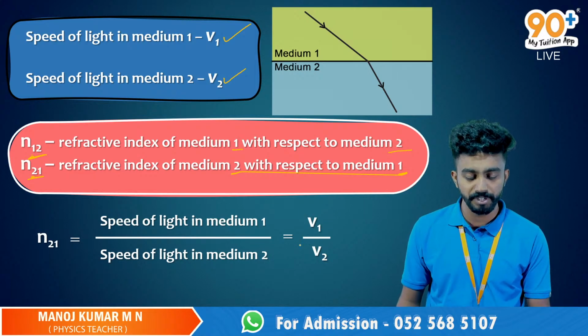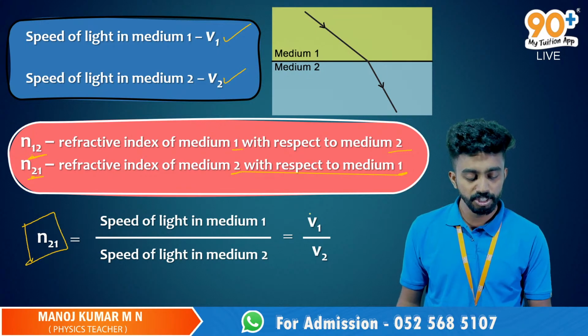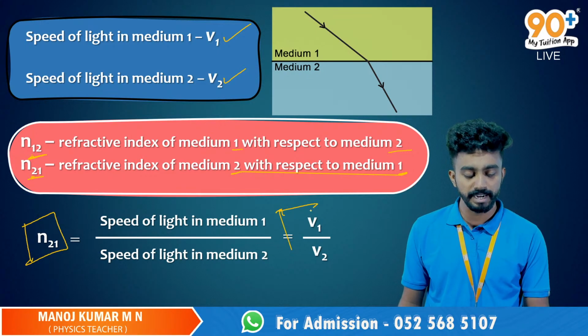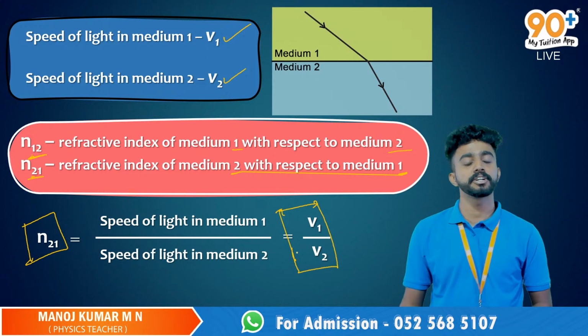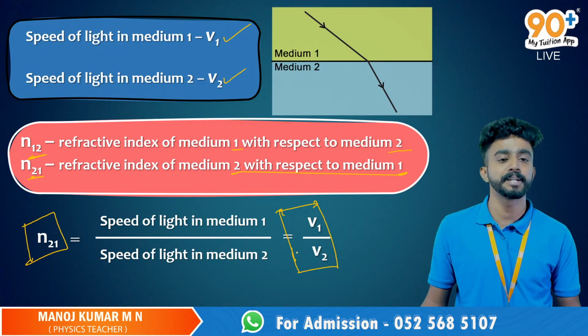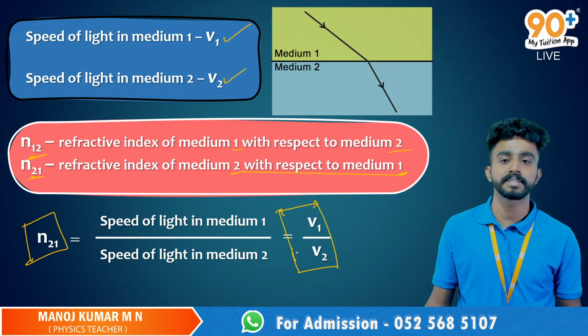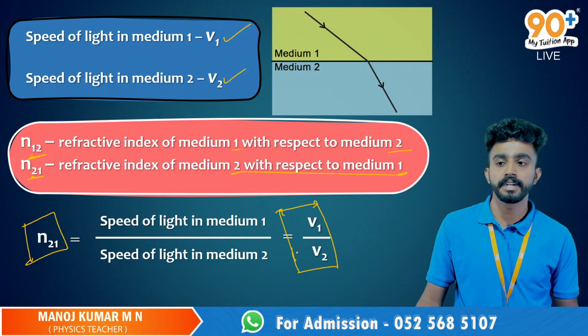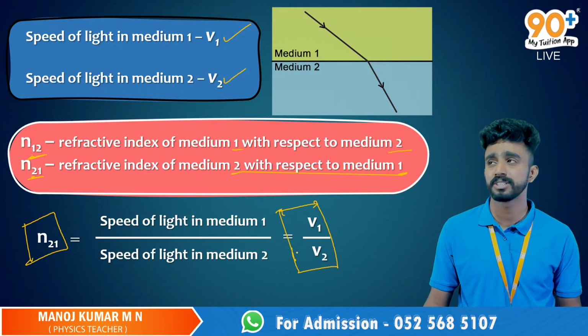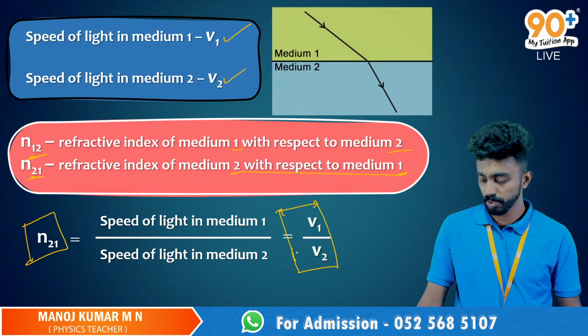So V1 by V2 is N21. Don't forget it. Guys, this is not something which you have to learn by heart. These are some general denotations we are taking. You will get to know why I am considering all these terms. I'll let you know.